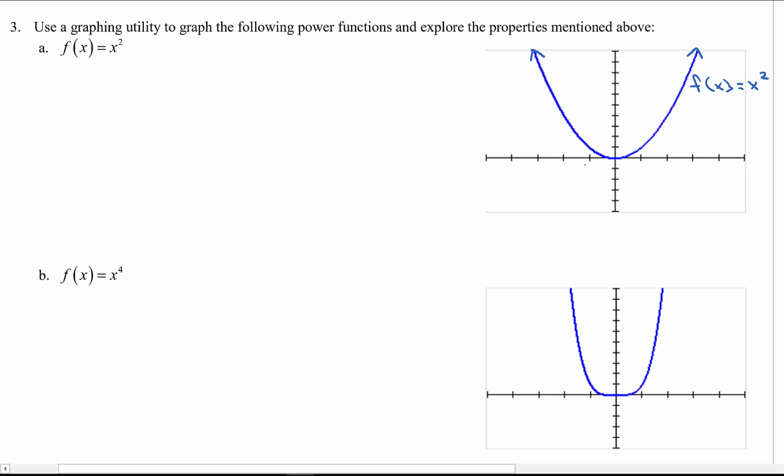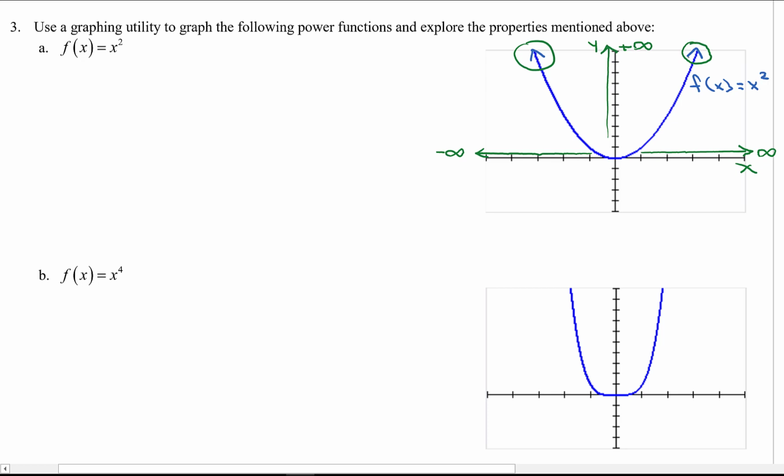As this is the x-axis, the horizontal axis, as x goes to negative infinity, this is going up towards positive infinity for the y. And as x goes to positive infinity, I can see that this is going to go up towards positive infinity for the y as well.